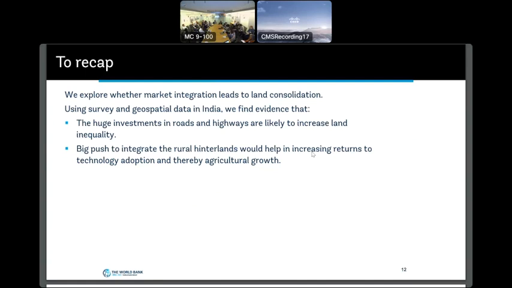And because India is a country where most people are still linked with agriculture, you would expect that this would reduce poverty and have better welfare implications. This is why I think, maybe Claudia was not very forceful about it, but the very last line there actually says that this is going to lead to agricultural growth, right?